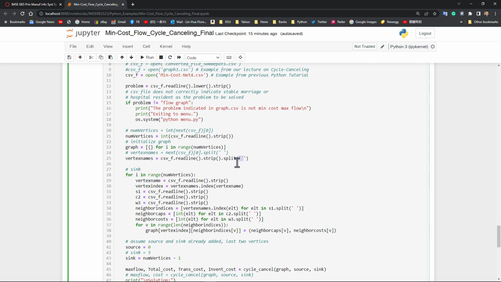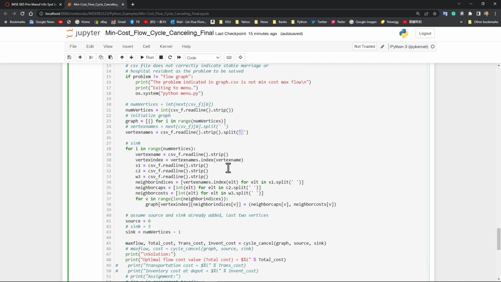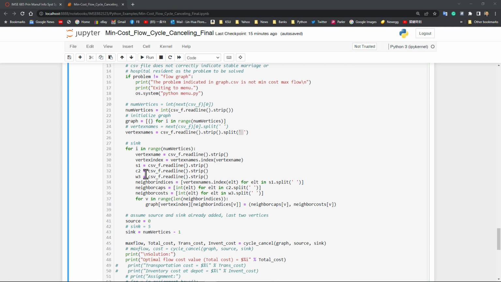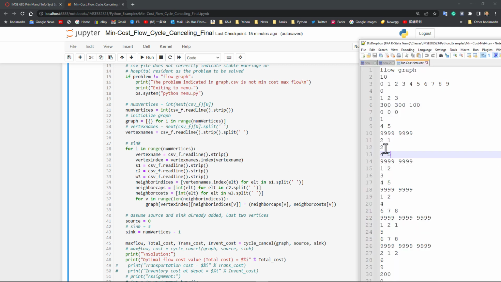For each one of the sinks, from node 0 to 1, 2, 3, I have a loop reading 3 things. The first thing is the sink index. Second is the corresponding capacity. Third is the cost for each one of the sinks.